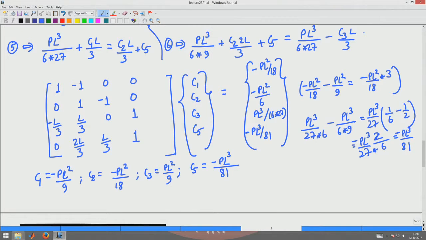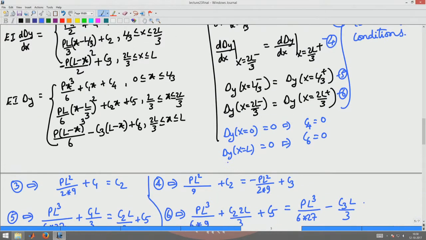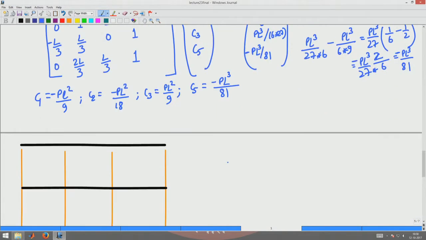Okay. Now, let us go ahead and substitute these values of constants into the equations and see what the slope at different points is and what the deflected shape at different points is.